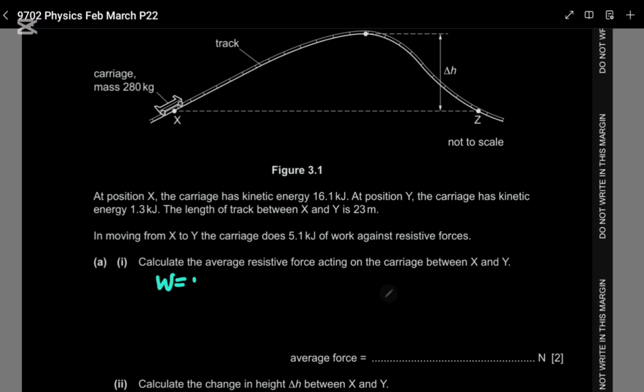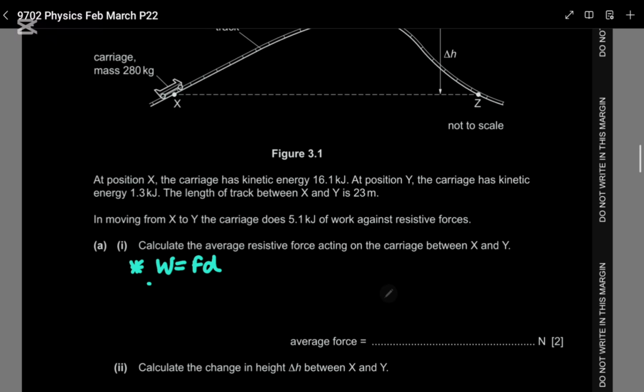Work done is equal to force into distance. So they gave us 5.1 times 10 to the power of 3, because kilojoules, is equal to force into the length of the track, which is 23.